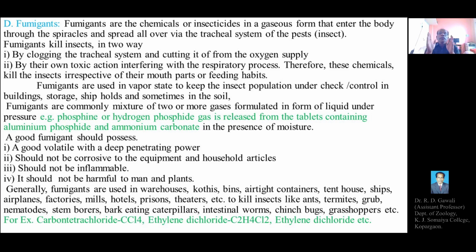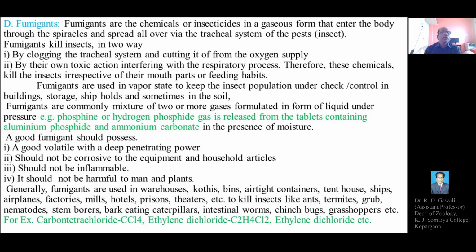The vapors of the fumigants first enter the respiratory system through the spiracles and tracheal system and can block or break the supply of oxygen and stop the exchange of O2 and CO2, or the respiration, in the insects. So first it causes clogging or blocking of the tracheal system and stops the respiration.